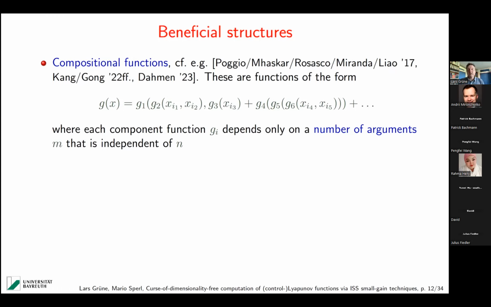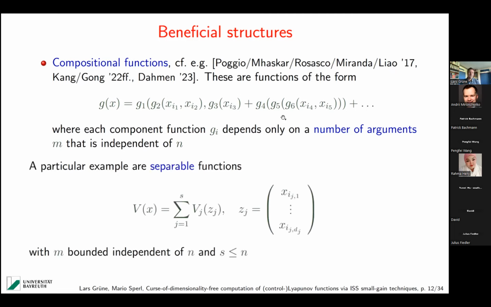I want to do it even simpler today. I want to look at a very special subclass of these compositional functions, which are the separable functions. This simply means that we write a function, in this case our Lyapunov function that we want to compute, as the sum of low-dimensional functions. So the Zj are subvectors of our big state vector.